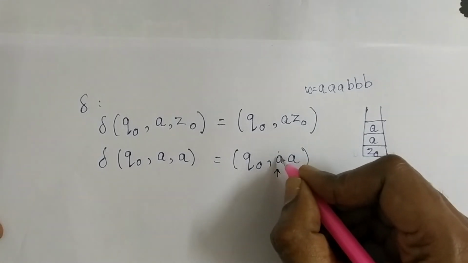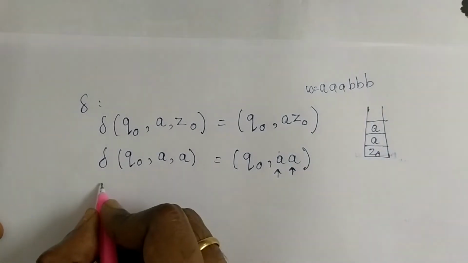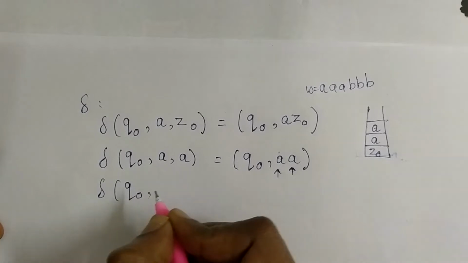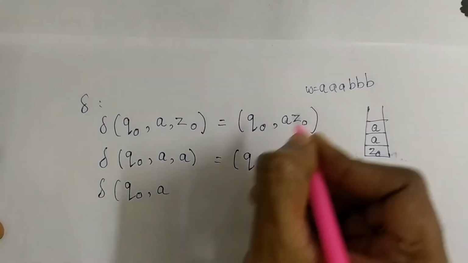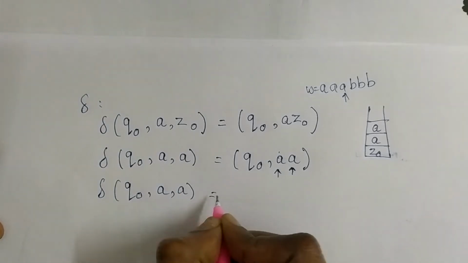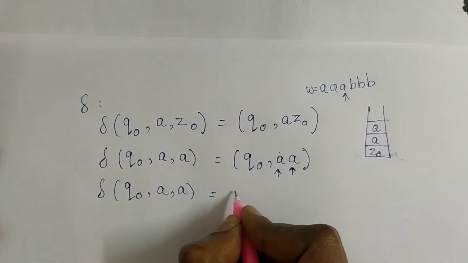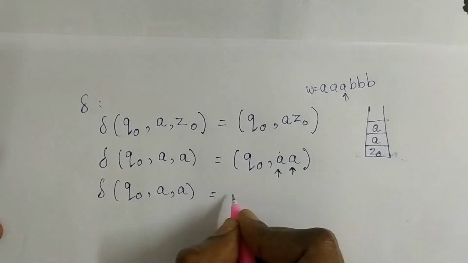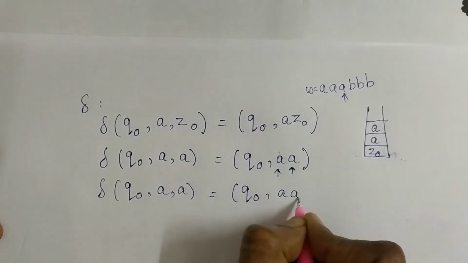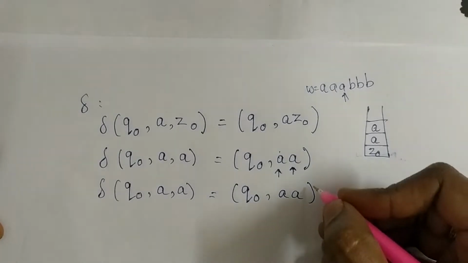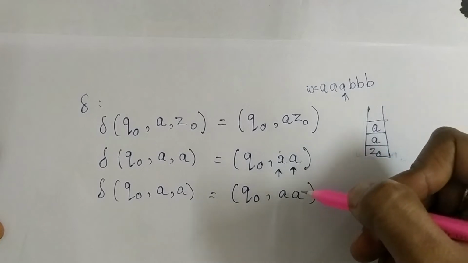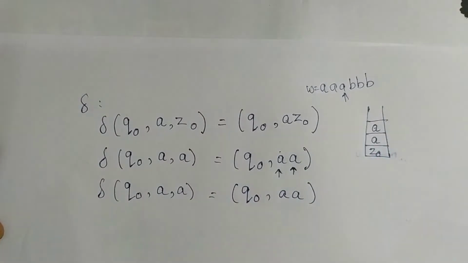Now this A is on the top of the stack. The next transition is again Q0, the input is A, and the top of the stack is A. We need not write it again, but for understanding I am writing it again, and both are the same because we are reading the same input and the same item is on the top of the stack.